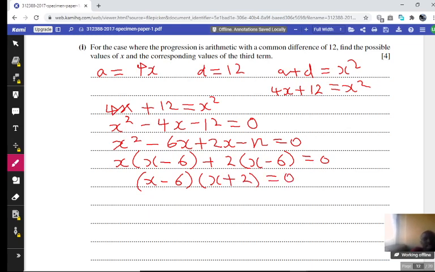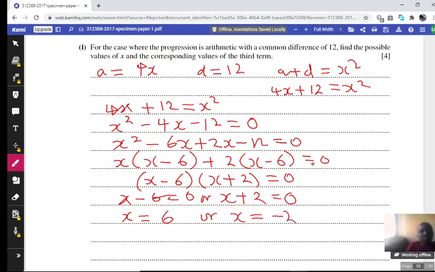Right, it's either x minus 6 is equal to 0 or x plus 2 is equal to 0. If you simplify it, x is equal to 6, or x is equal to minus 2. So these are the values of x.